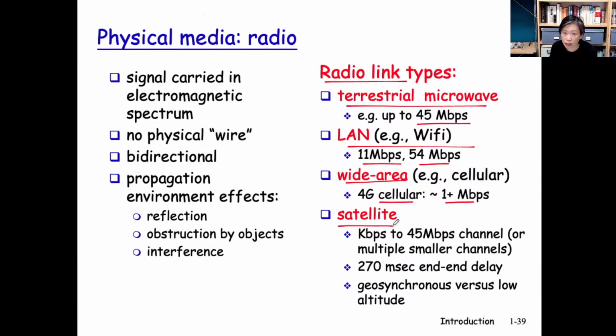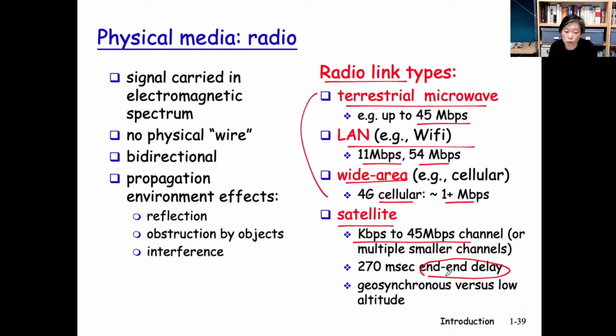5G is now tens of megabits per second, with the potential of going higher than 100 megabits per second. And satellite radio, the bandwidth range spans wider, probably because of where the satellite is exactly and the technologies being implemented on that satellite. It can go from kilobits per second to 45 megabits per second. But one common feature is this. For satellite links, end-to-end delay will always be much longer than all these other wireless link access.